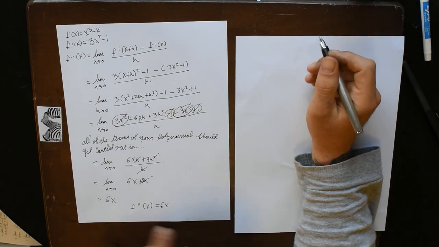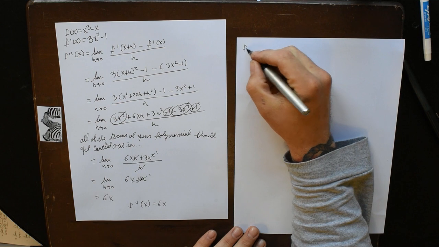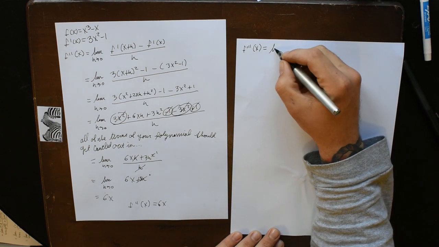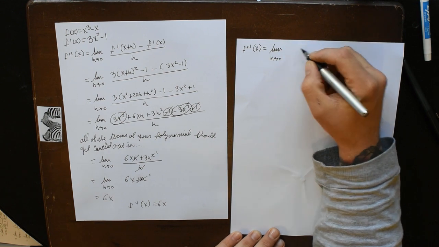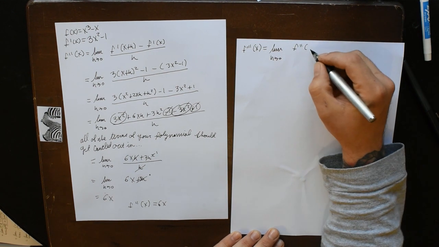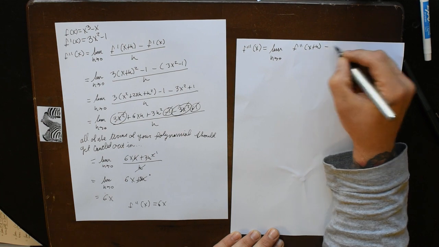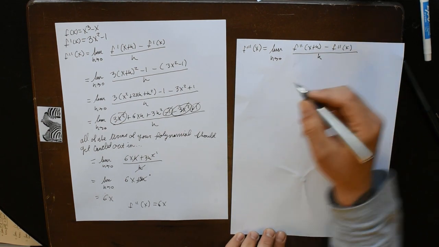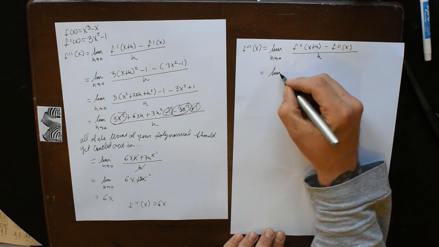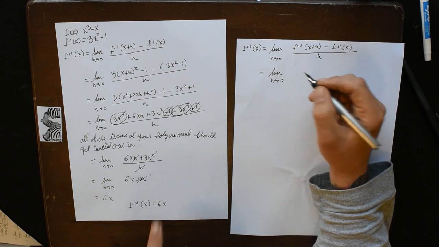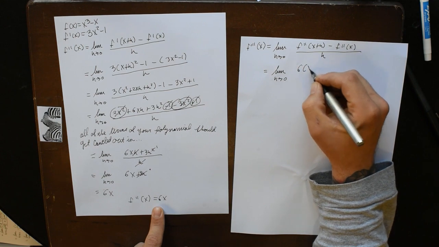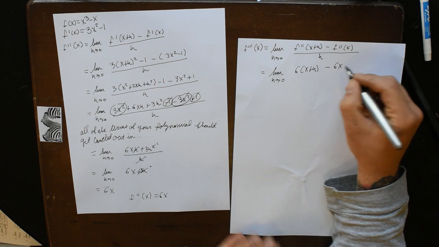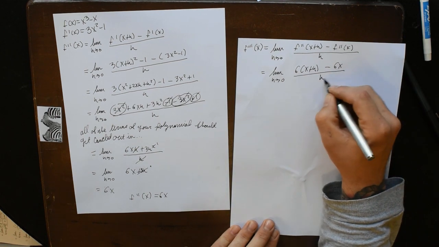So that's f double prime. Let's calculate f triple prime. Well, that's going to be equal to the limit as h approaches 0 of f double prime of x plus h minus f double prime of x all over h, which is equal to the limit as h goes to 0 of 6 times x plus h minus 6x all over h.